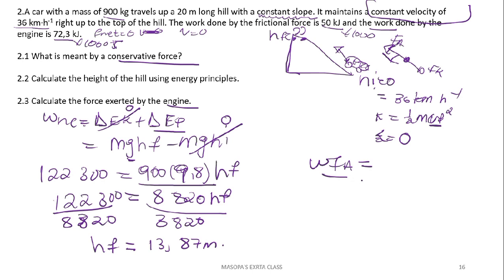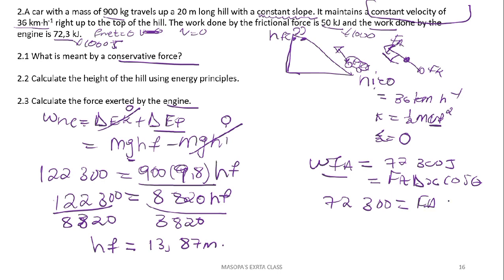They say it is 72.3 kilojoules, but we have converted it into joules, so it's 72,300 joules. Then we know that we have force applied times delta x times cos of theta. So 72,300 joules equals force applied times delta x, which is 20 meters, times cos of 0. 20 times cos 0 is 20.